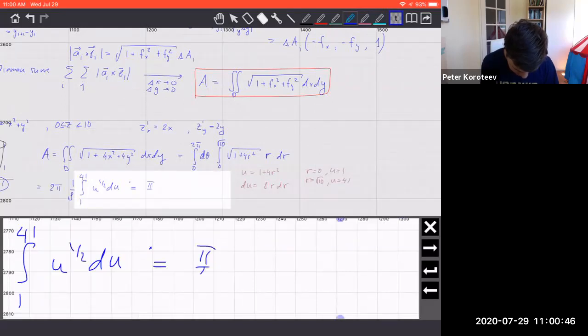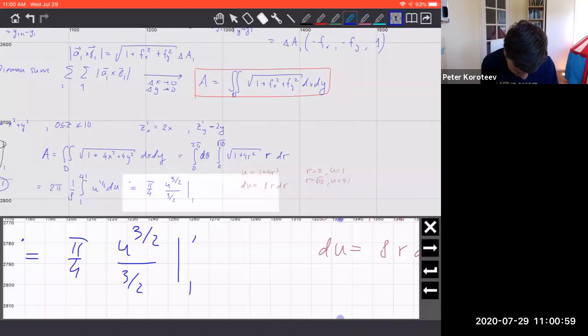So it's pi over 4 times u to the 3/2 divided by 3/2, between 1 and 41, which is whatever it is, right?